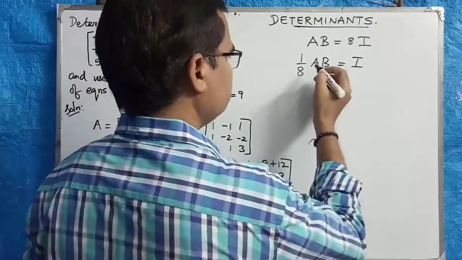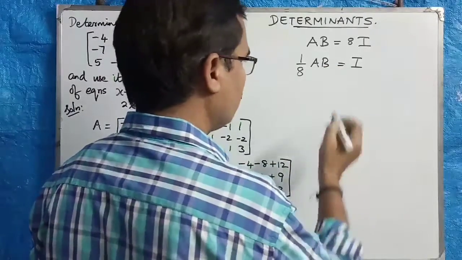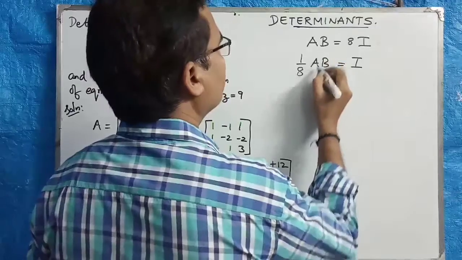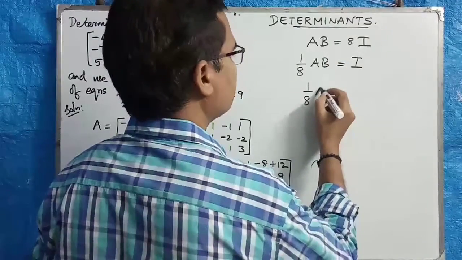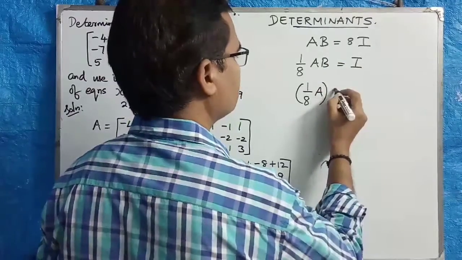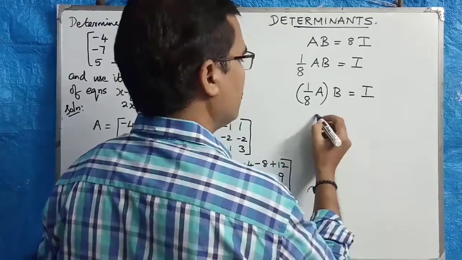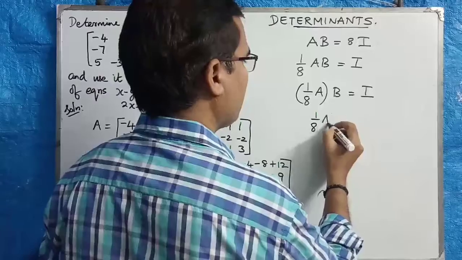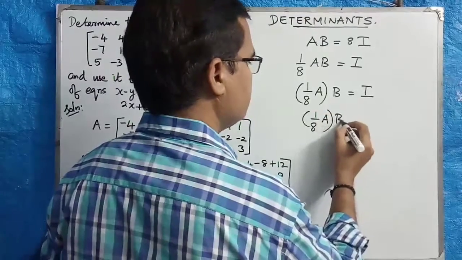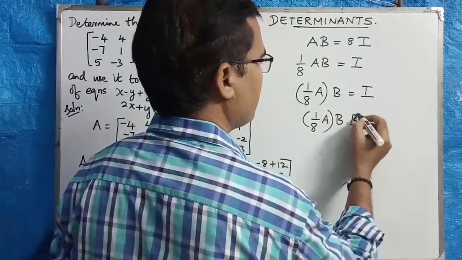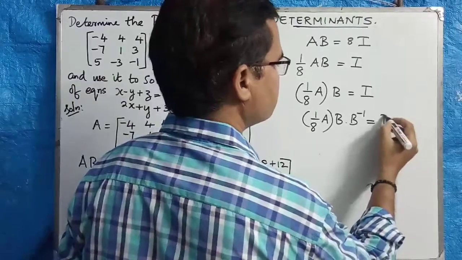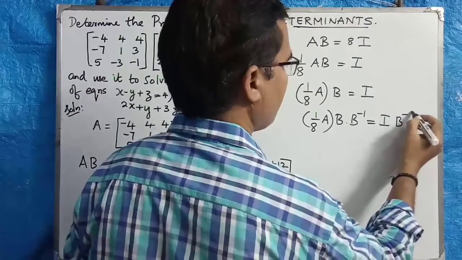Now we do inverse on both sides. We will group 1 by 8 times A into B equals I. Now 1 by 8 times A times B into B inverse equals I into B inverse.